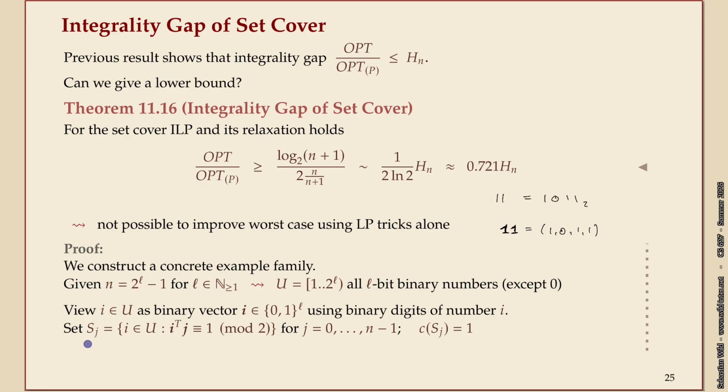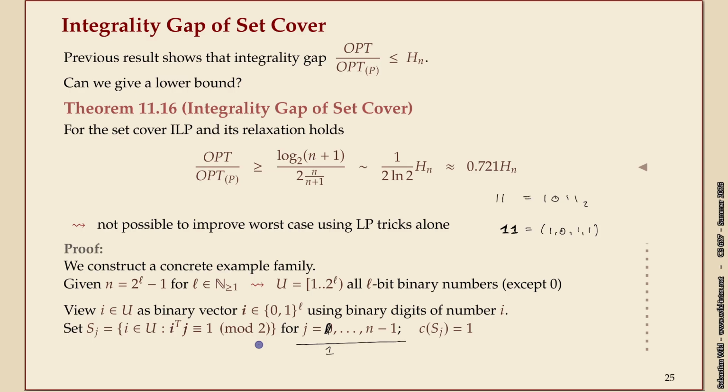So the sets that we'll define, S_J, are essentially the same as the universe. I don't think the 0 should be there. I think it should be 1 up to n minus 1. S_J is exactly all the numbers I such that the vectors have a scalar product that is 1 modulo 2. All the vectors are binary, they're only 0, 1, so all the scalar products will be integral.